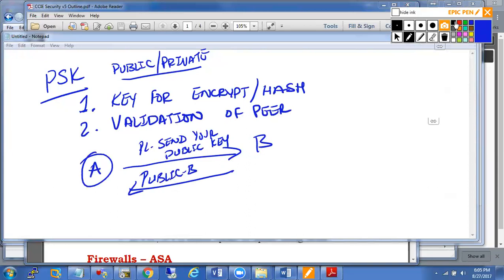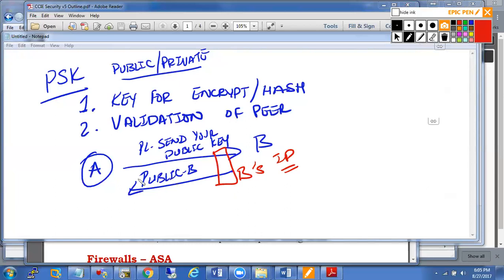Maybe somebody is sitting in the middle, spoofing B's IP and giving the wrong key. Is there a possibility? Yes, there is a possibility that somebody is spoofing B's IP and giving his own public key, which is not really B's public key. I had no way of verifying that B's key is the right key. Whereas in PSK, I needed to know the password. I had to preset the password. Over here, there's no preset password, so I don't know if B is really B.